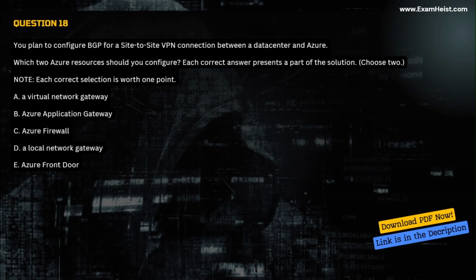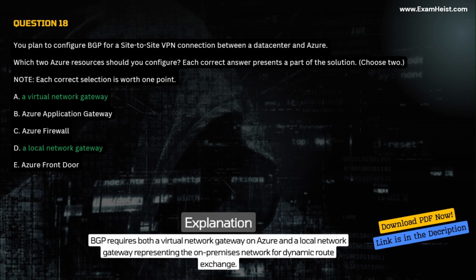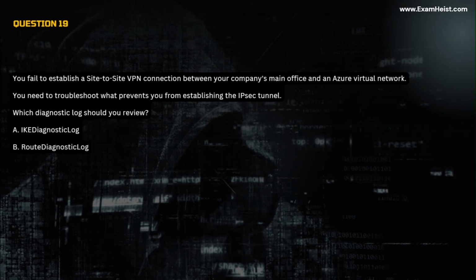C. Azure Firewall. D. A local network gateway. E. Azure Front Door. Correct answer: A and D. A virtual network gateway. A local network gateway. Explanation: BGP requires both a virtual network gateway on Azure and a local network gateway representing the on-premises network for dynamic route exchange.